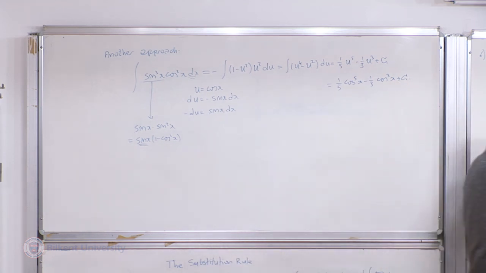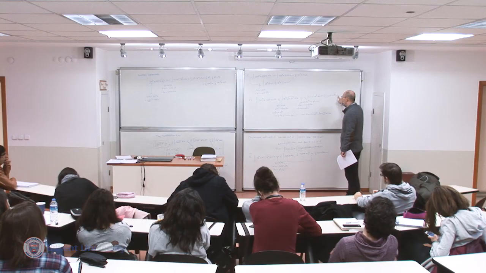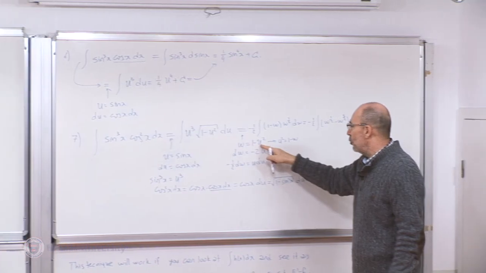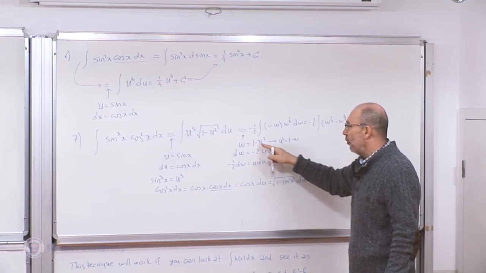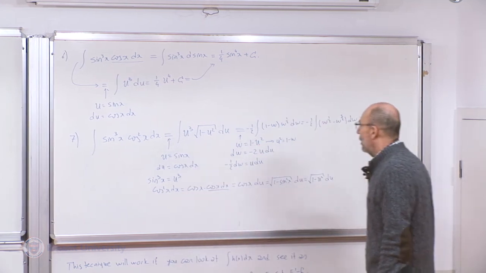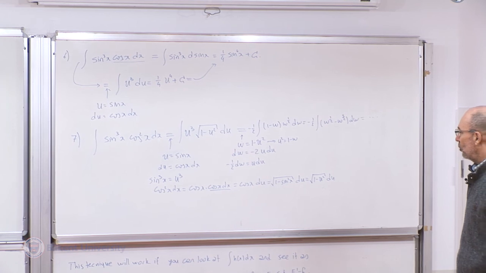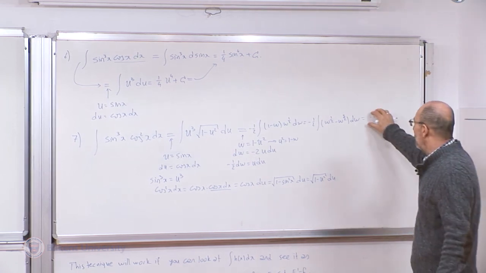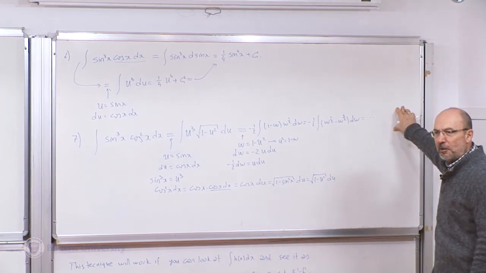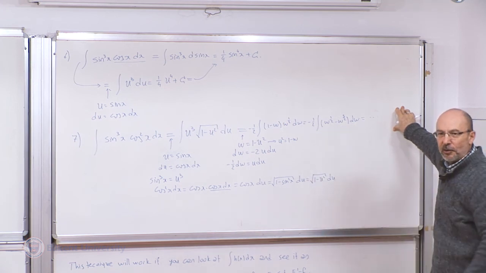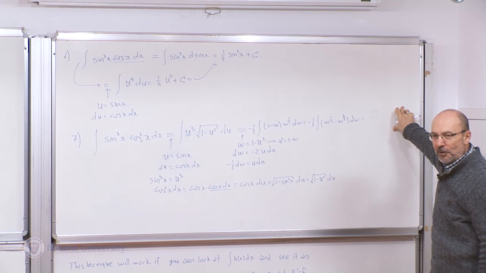Now here, if you put all these substitutions back, for w you will put 1 minus u square, and for u you will put sine. So actually what we did is we put u equals cosine there. Okay, you simplify this, you'll get a trigonometric expression which doesn't look like that one. Okay, but they should be the same.